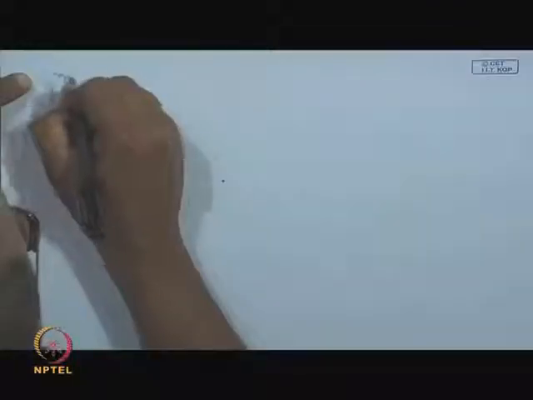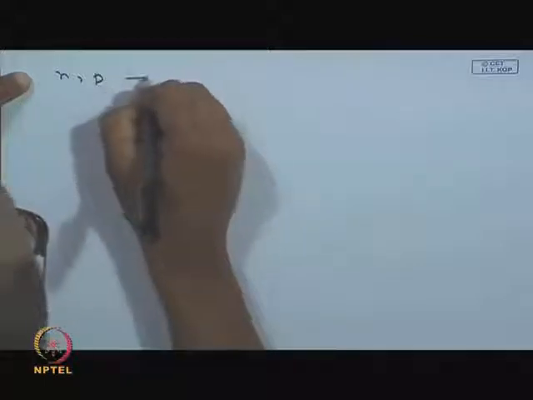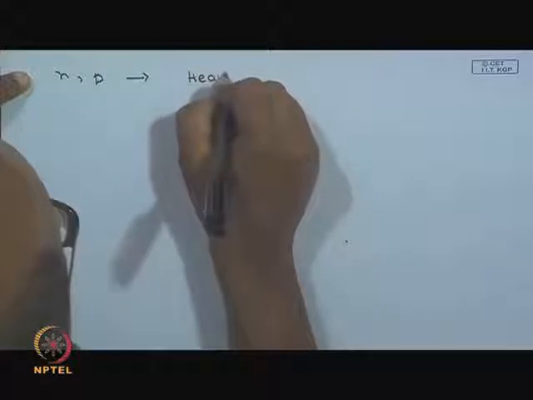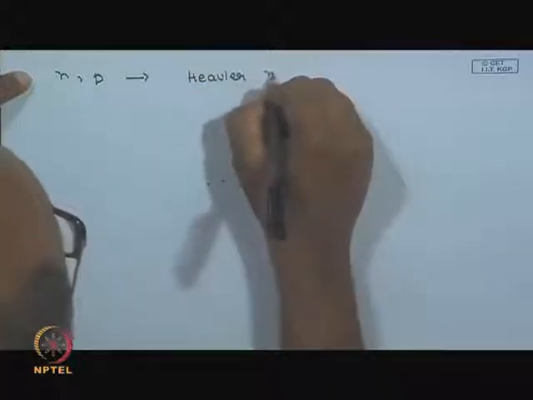So, the basic idea is a reaction of this kind. The first question we are going to ask is whether the neutron and proton can fuse to form heavier nuclei.